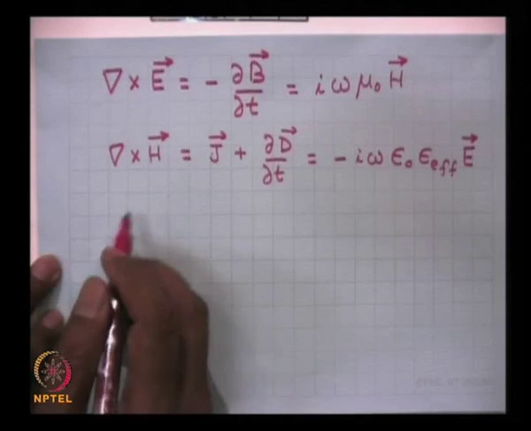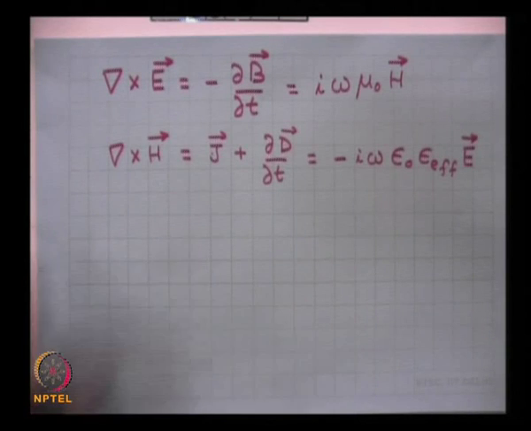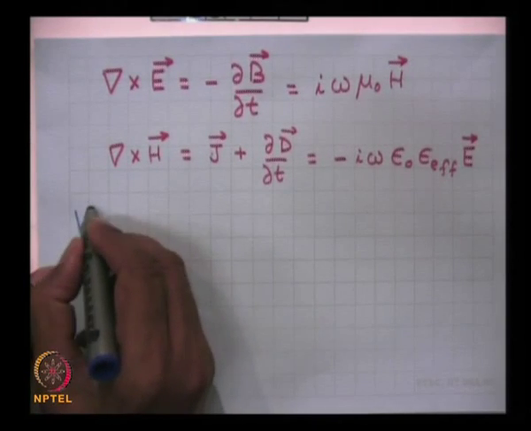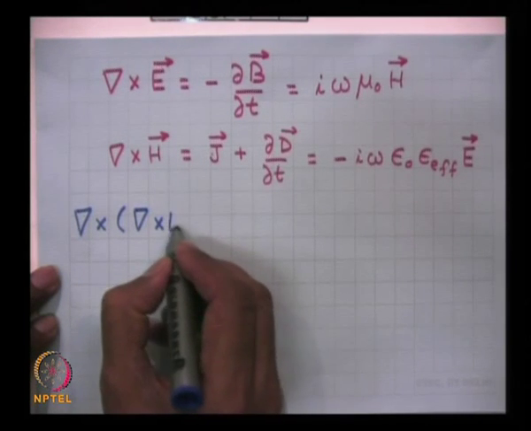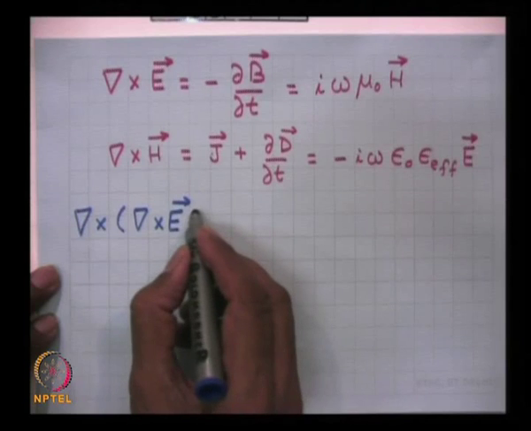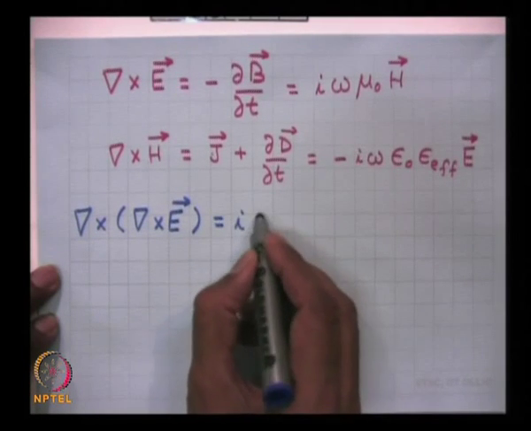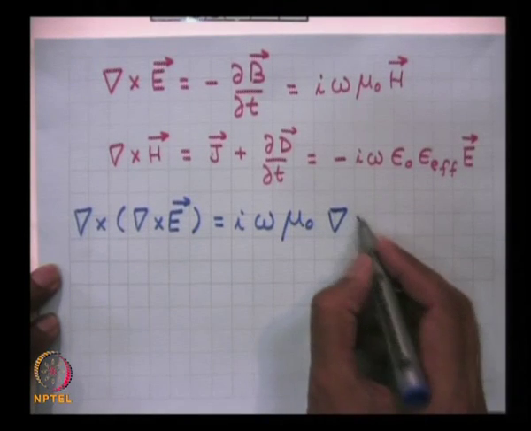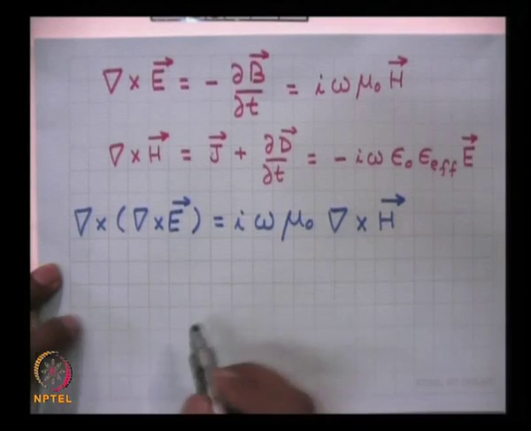Now, these two equations can be combined by taking curl of the first equation. So, this becomes curl of curl of E, right hand side becomes iωμ0 curl of H. For curl of H I use the second equation.